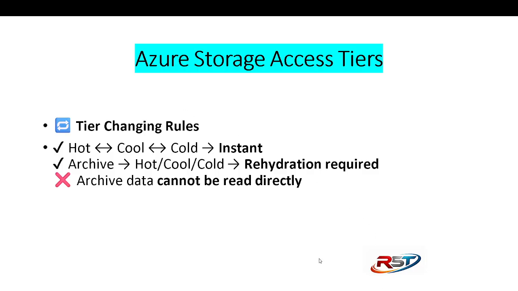Tier change rules. Hot to cool, cool to cold, cold to hot are instant. Archive to hot, cool or cold requires rehydration. So when we want to retrieve data from archive, rehydration is required.